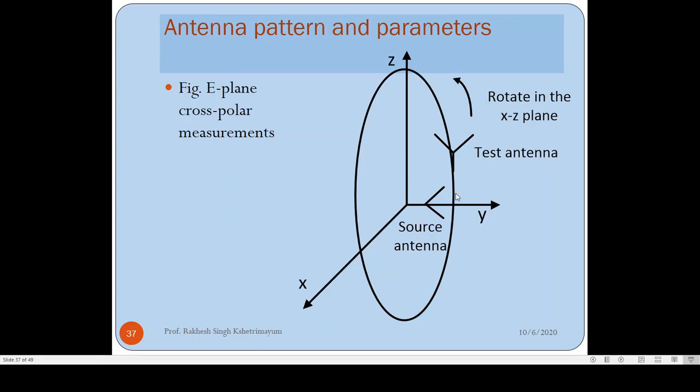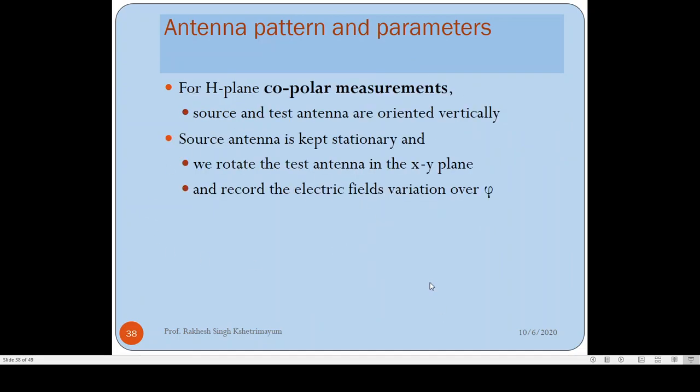You move this receiving antenna in this circle and find out the fields received by this antenna using a power meter or a spectrum analyzer. Then you plot it with respect to theta, and you get the elevation pattern of the antenna for the cross polar case. So this is the E plane cross polar measurement of the antenna.